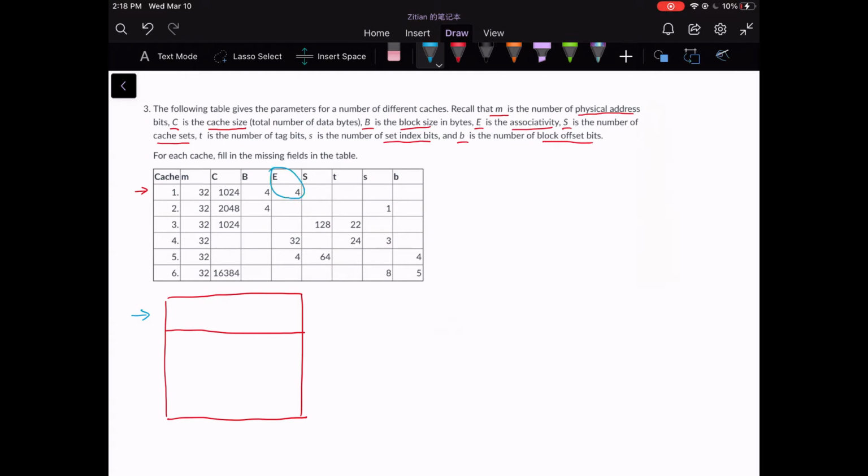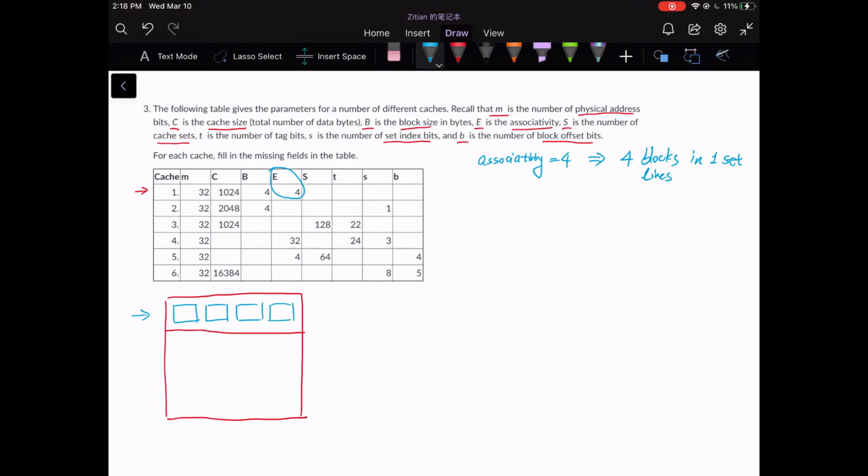That means associativity equals 4, which means we have 4 blocks or lines in one set. That means we have 4 identically sized lines or blocks inside one set.